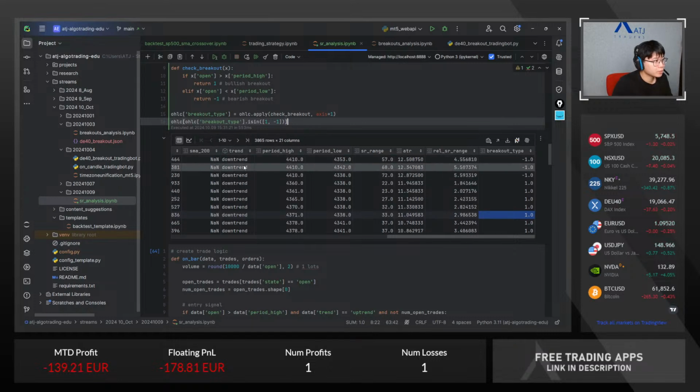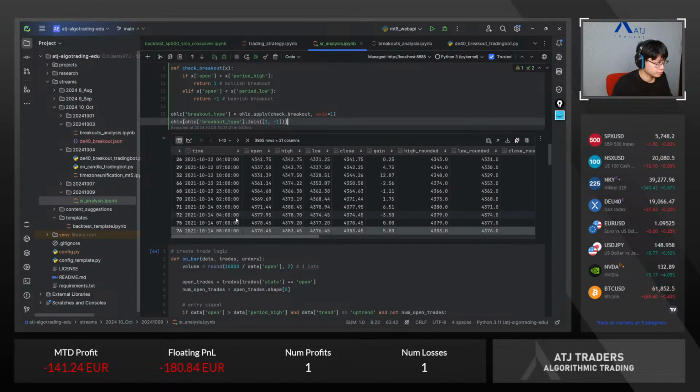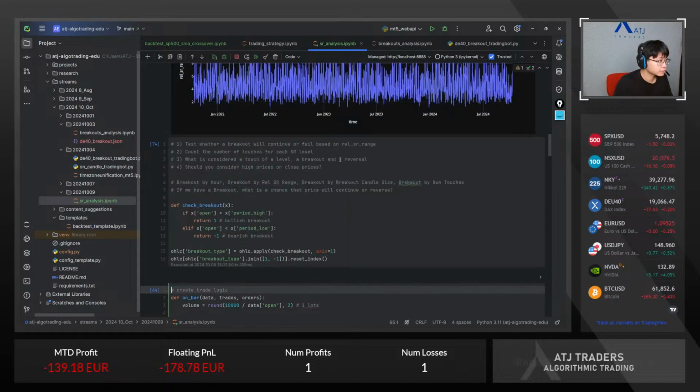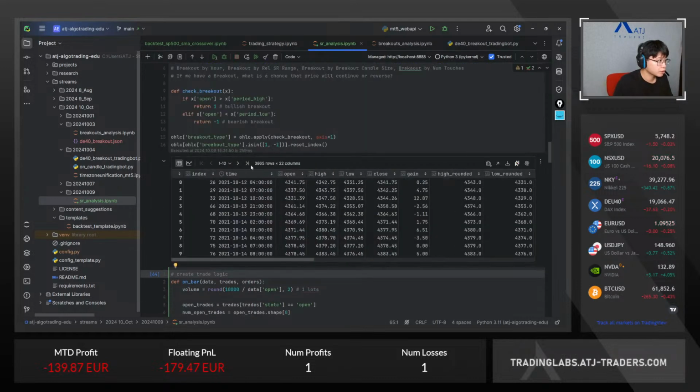So if you look at the number of rows in OHLC, it seems that we will have like 30 of these cases. Let me just reset the index. Or how does it work?